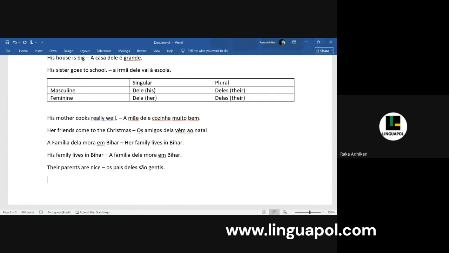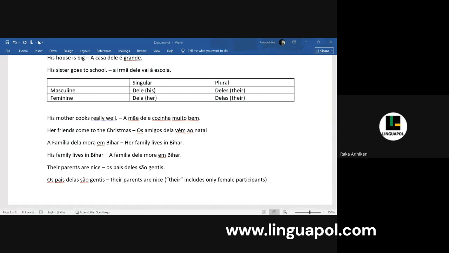Okay. But here if I say os pais delas são gentis, that also means their parents are nice. Okay, but here the word their includes only female participants.